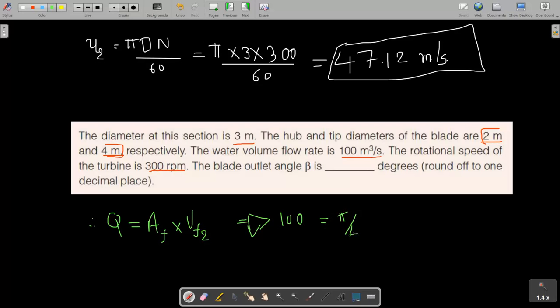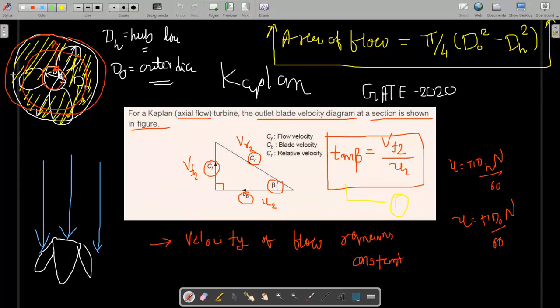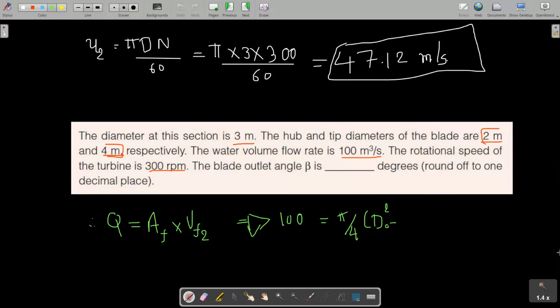Area is what? Pi by 4, outer diameter square, that is tip diameter square. I have explained why: the area of the annulus in which flow will occur is at these yellow hatched lines, not on the hub. So this area will be pi by 4, outer diameter square minus hub diameter square, into velocity of flow vf2.